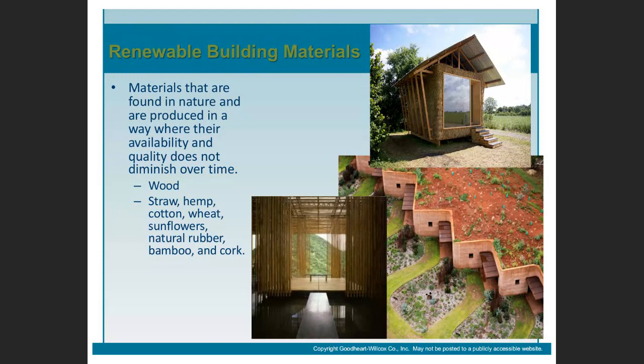Also, there are other natural materials that can be used in building construction: straw, hemp, cotton, wheat, rubber, bamboo, cork. Those are all natural materials that are possible components of a green or sustainable building.